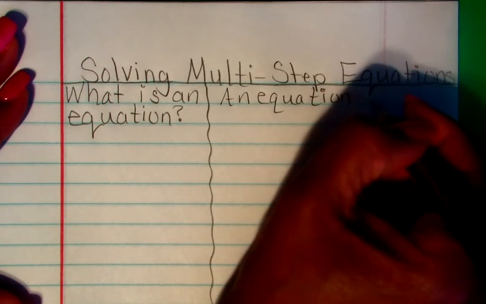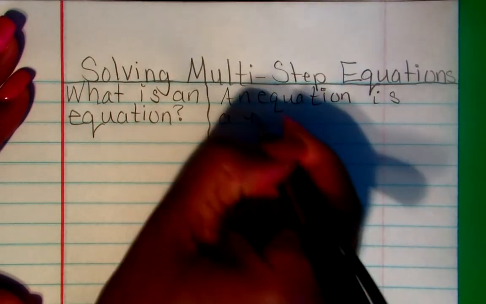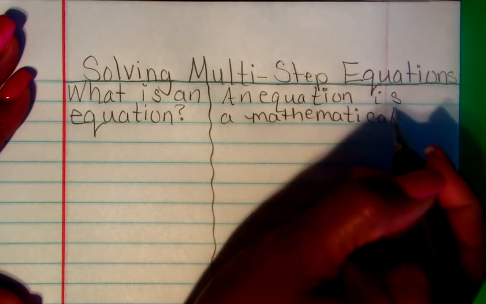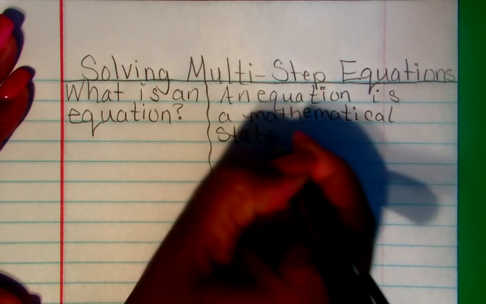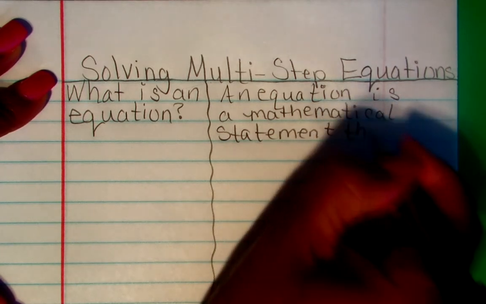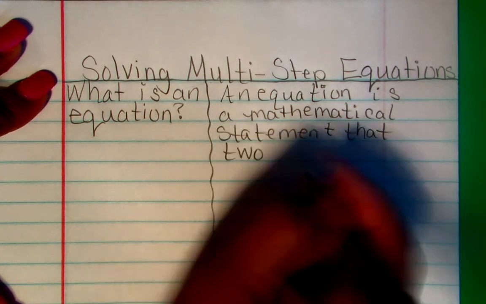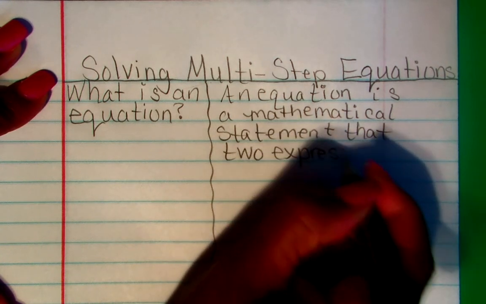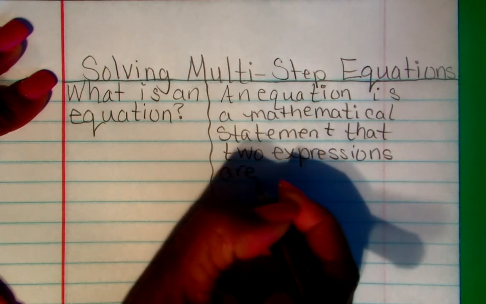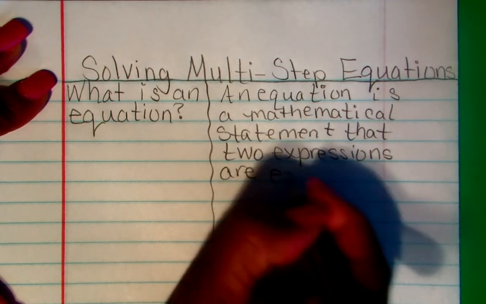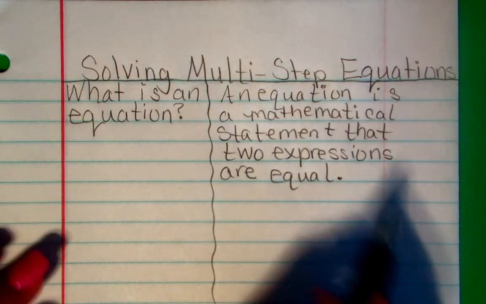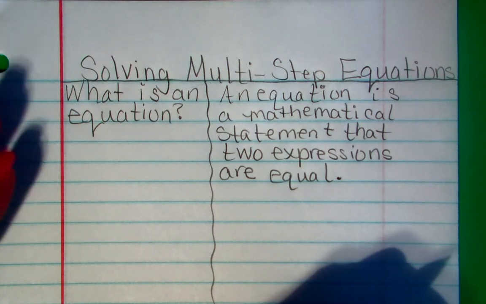An equation is a mathematical statement that two expressions are equivalent, or you could say equal, and that's what I probably say, equivalent, okay? So that's that. I want to make sure we understand what an equation is.